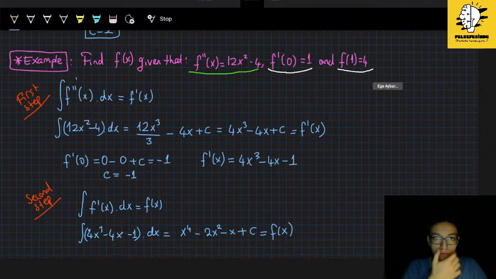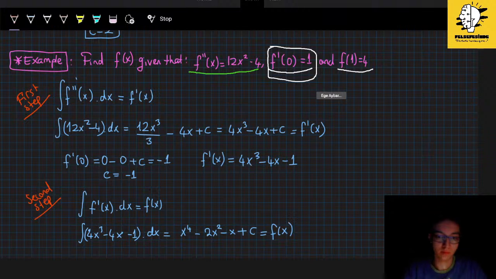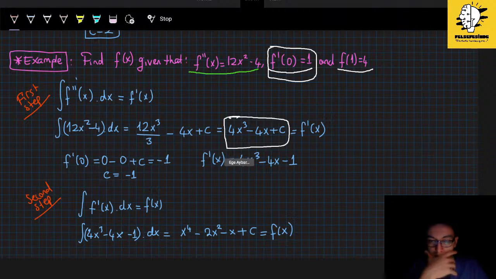It gave us the first derivative and also some information about the function. If we take the integration of the second derivative, we will find f prime. Let's take the integration of the second derivative, and we find that it is 4x cubed minus 4x plus c.